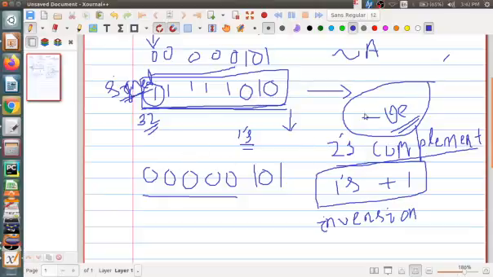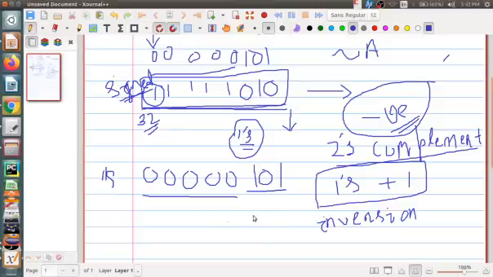The sign we already keep, this will be negative. Now we are only focusing on finding the value, what the exact value will be if it is represented in 2's complement. So this 101 is the 1's complement.